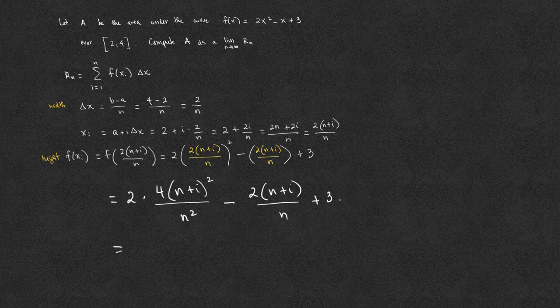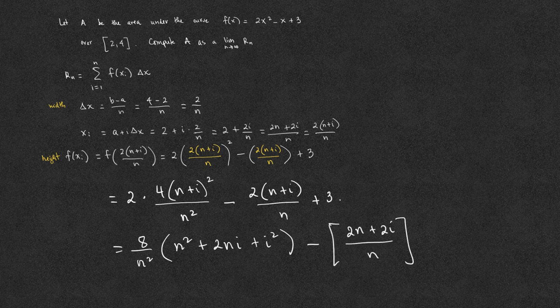This is 8 over n² times, we distribute (n + i)² to have n² + 2ni + i², minus (2n + 2i)/n plus 3.